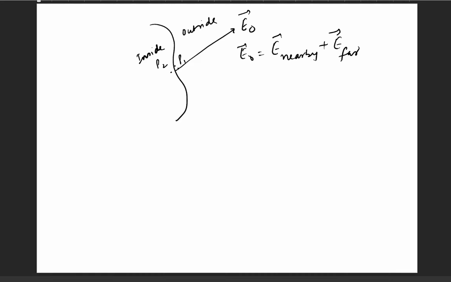That is, the charges which are very near to this point P are going to create some field, and all other remaining charges are going to create some other field.